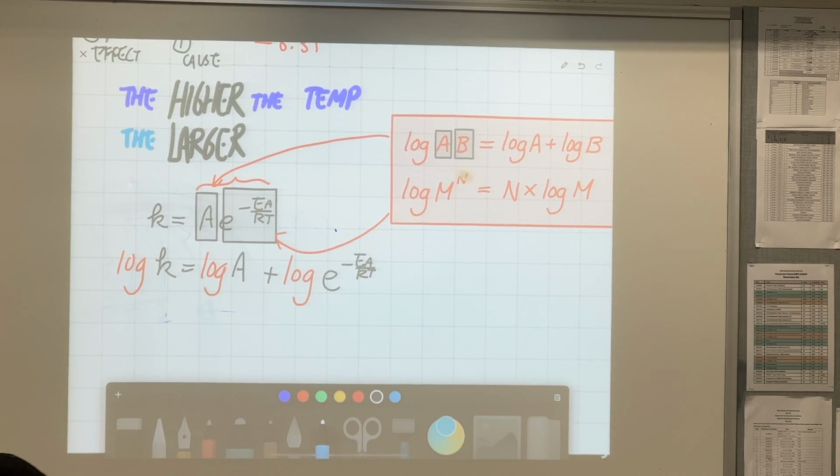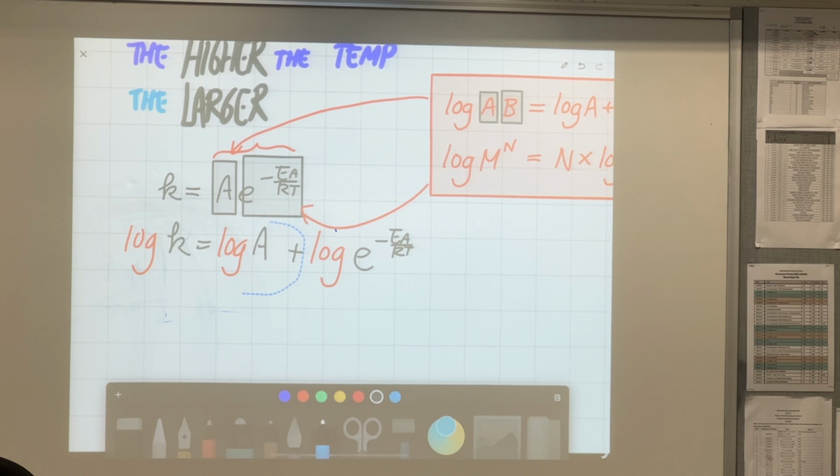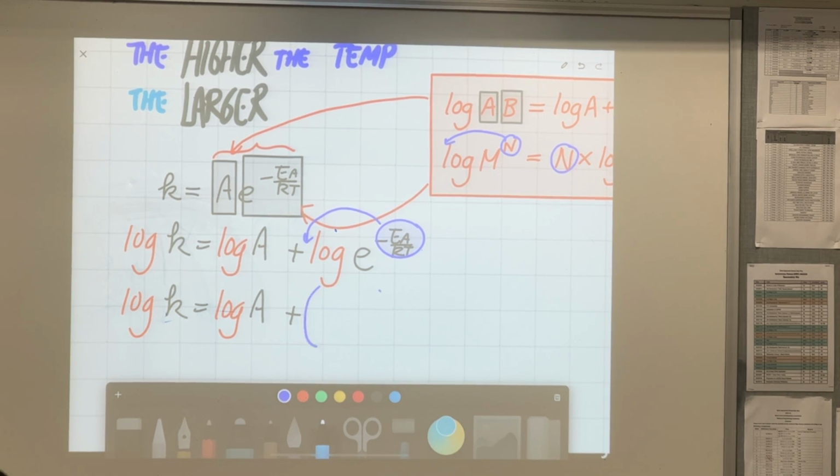We can now apply the second rule onto the second term. You move this power over to the front, like we did here. So we will now have negative Ea over RT times log e.